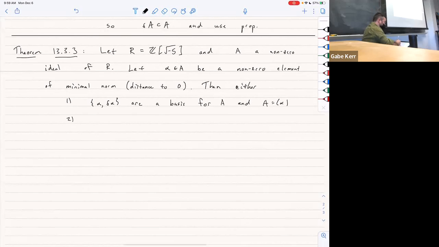Or two, alpha and one half alpha delta alpha are a basis, and then A is not principal.